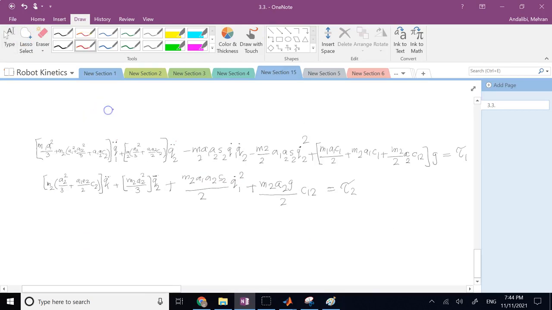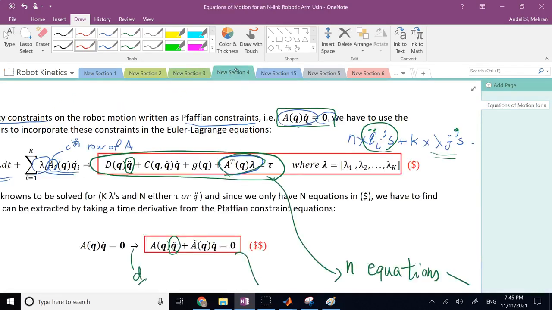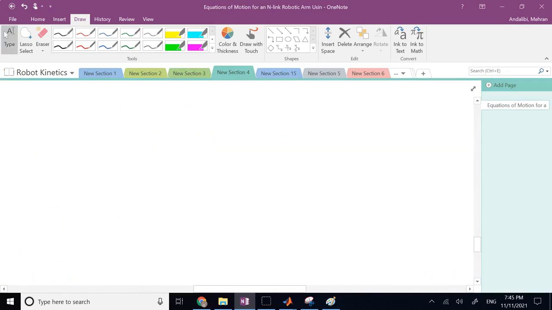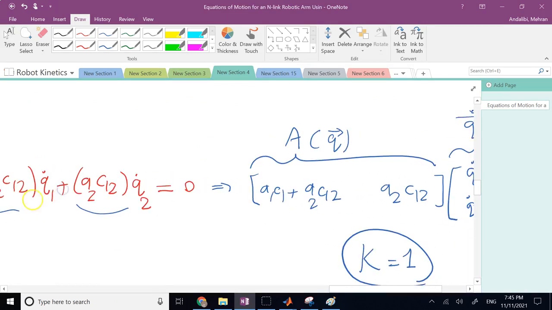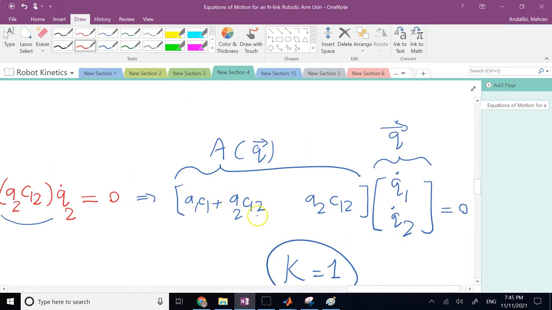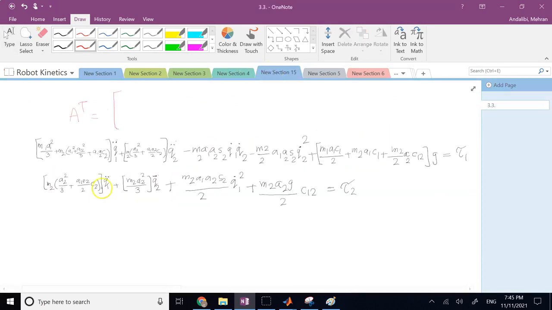is going to be the transpose of that row matrix, so it is going to be a column matrix: a1 c1 plus a2 c12, and then a2 c12.